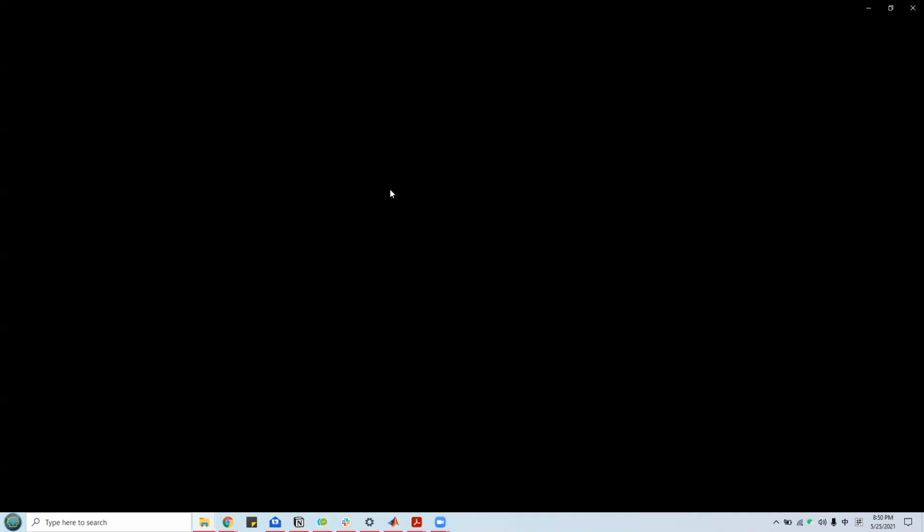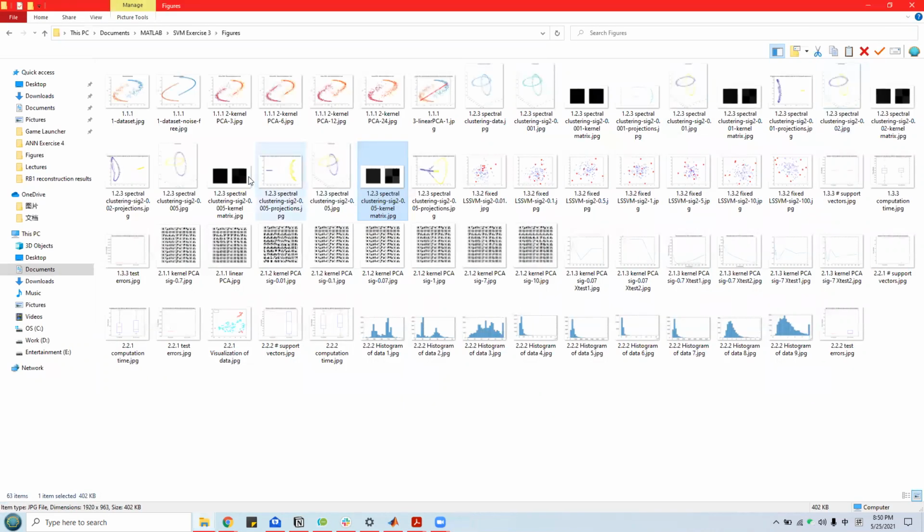And here is also 0.05. And here is the one which has the wrong cluster. You see there is some noise here between the blocks, instead of it being purely blank. If you see something like this, then you will anticipate that it will not be a very good clustering result. Let me just check.